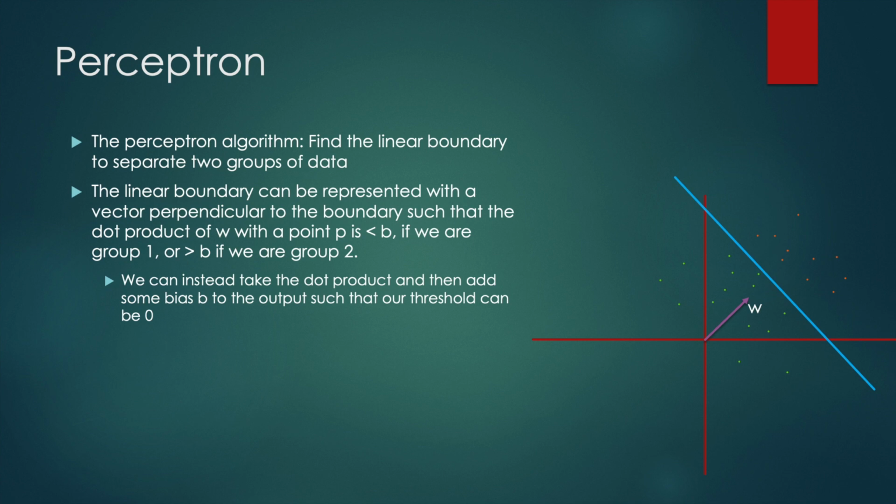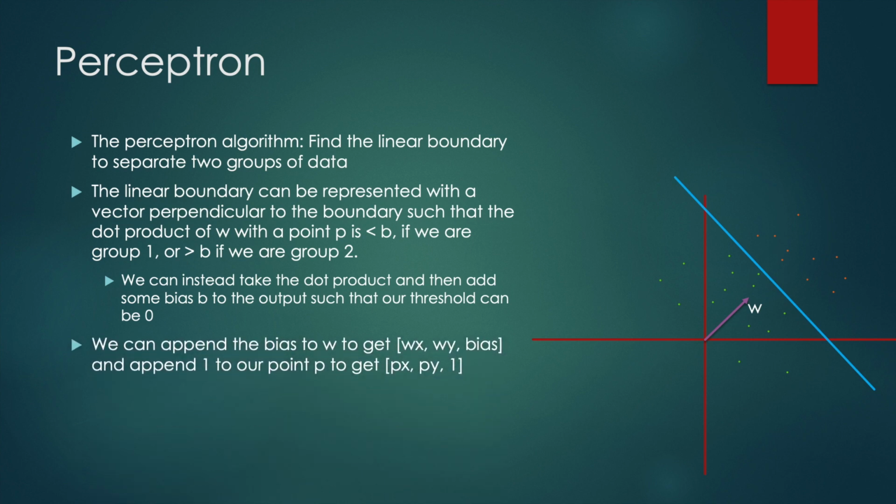So now instead of trying to find a line that separates the data points, we're trying to find the perpendicular vector that projects our data into the one-dimensional space such that anything greater than 0 is a part of the orange group and less than 0 is a part of the green group.